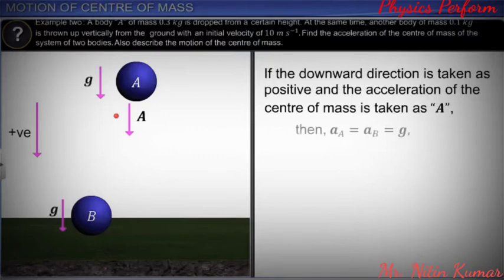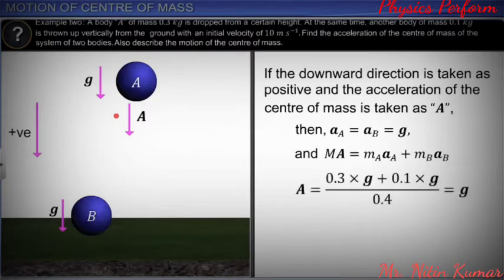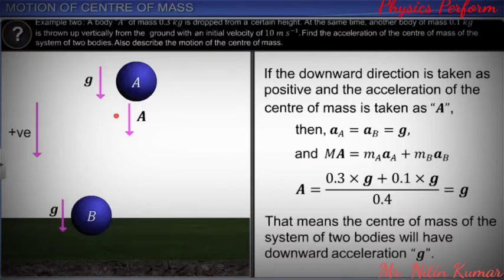That means aA is equal to aB, which is equal to g. And M into a is equal to mA aA plus mB aB. Therefore, a is equal to (0.3 into g plus 0.1 into g) divided by 0.4, which is equal to g. That means the center of mass of the system of two bodies will have downward acceleration g.